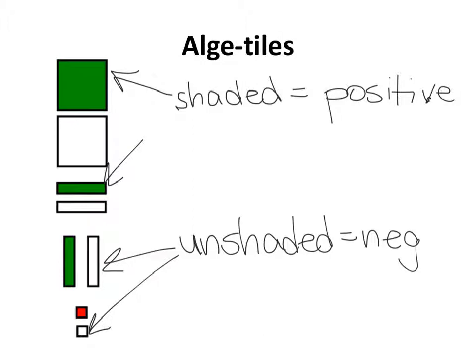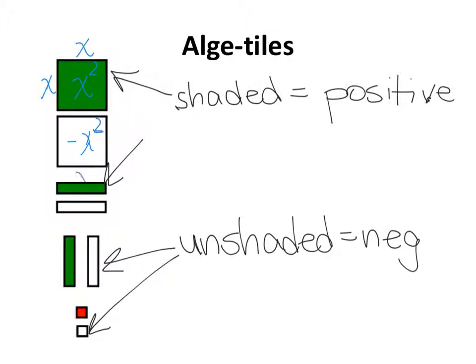The other thing to keep in mind with algebra tiles is their value. The large squares we generally tend to say are x units wide and x units tall, so that they have a total value of x squared, and then the unshaded large square is negative x squared.